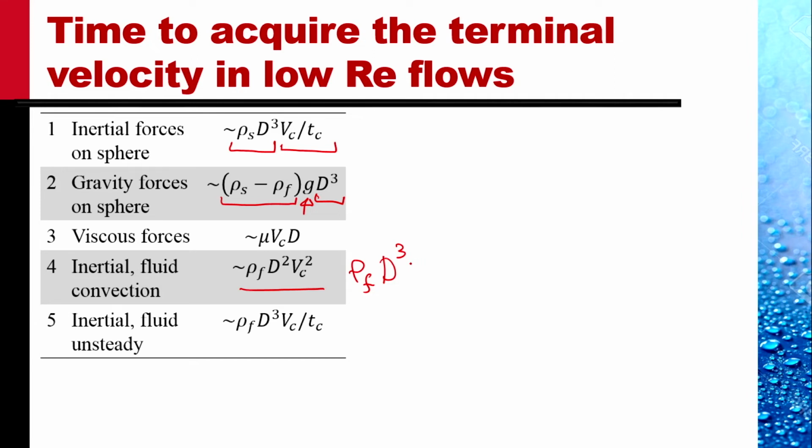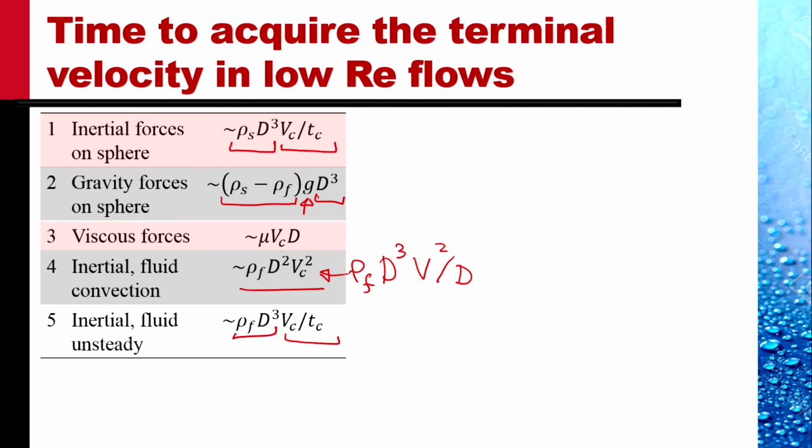V dV by dx would be like V squared by d. So the net is this rho f d squared V squared. And the unsteady fluid inertia is the mass of fluid times the acceleration, which is Vc over Tc.